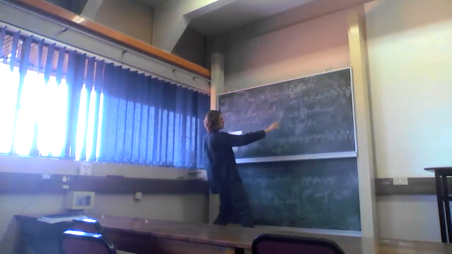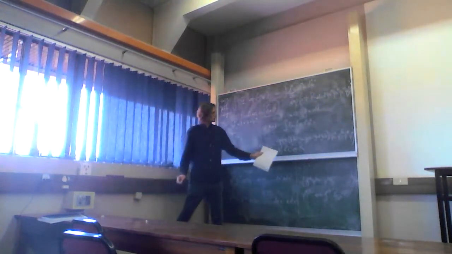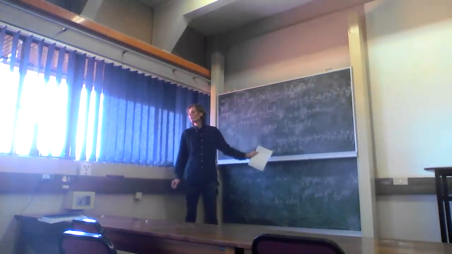We integrate out those fermions, d^2x, and then there's the square root of g times the Ricci scalar. So this is what the path integral reduces to.